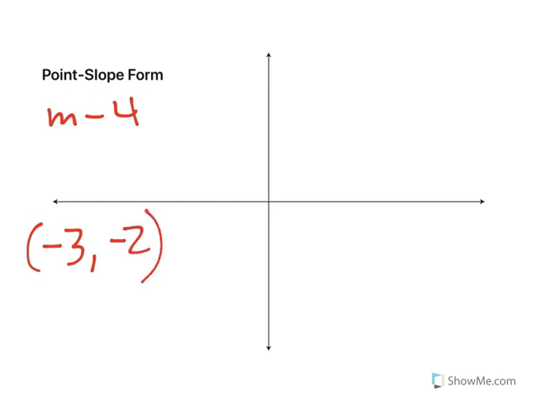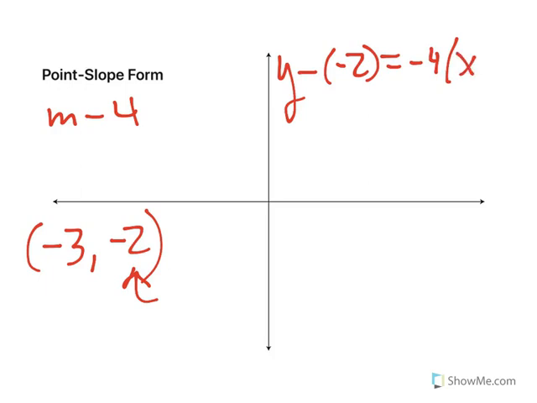Okay, so when you put that in your point-slope form, it's y minus y1, and this is y1 here, so y minus negative 2 is equal to m, which is negative 4, times x minus, and here's your x1, negative 3. That's where you need to be careful when you start getting negative numbers, because y minus negative 2 up front here is really the same as y plus 2.